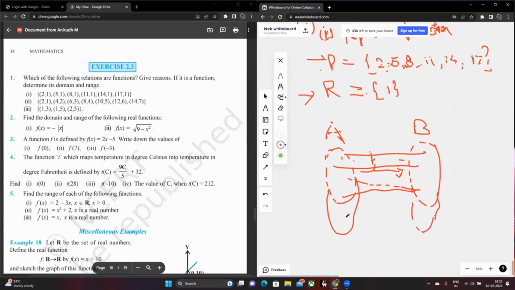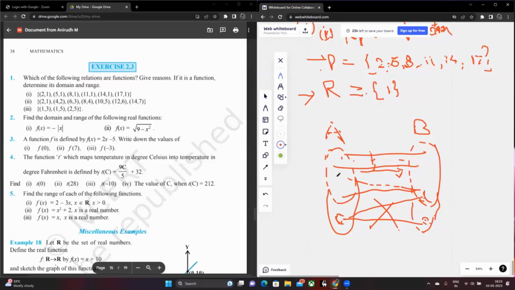But a less-than shape is not allowed. If this is element C, C cannot be connected to two different elements, D and E. This is not possible for a function.